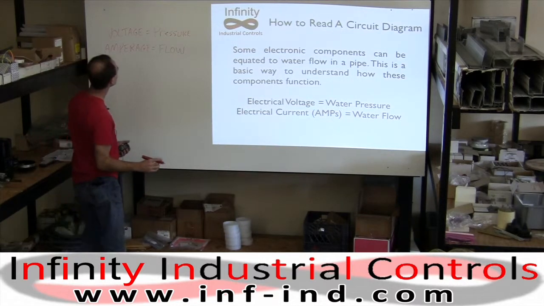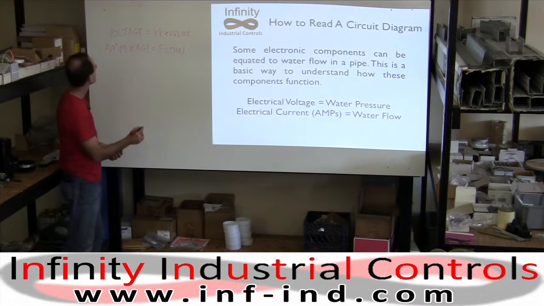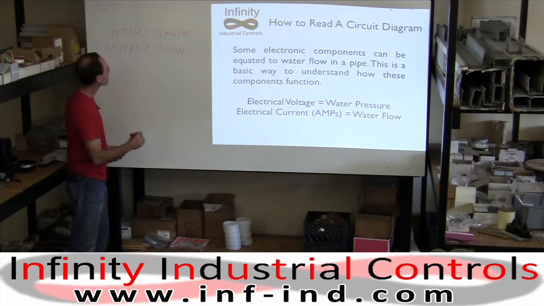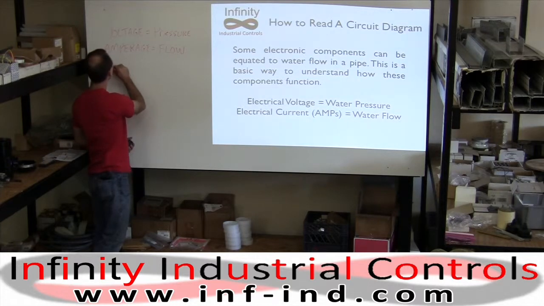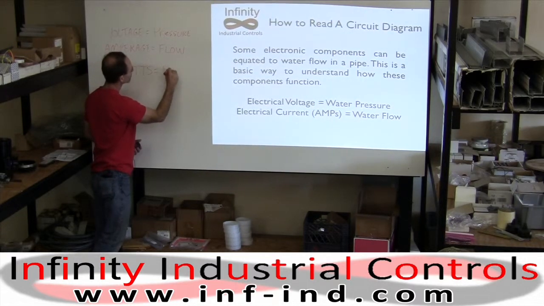There's another term we could look into here too. In doing work, if you multiply these things together, you get what we call watts, which is the power, the amount of power.